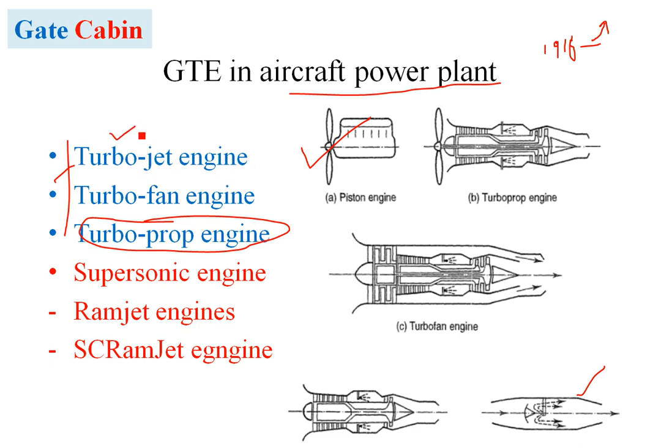A turbine is used to generate the useful work, and it is a jet engine because it has to generate a high speed jet in order to produce useful thrust and make the aeroplane move at a very high speed. And then other than that, we have developed turbofan engines. Turbofan engines are widely used in commercial aeroplanes, where passengers move from one position to another, from one country to another.